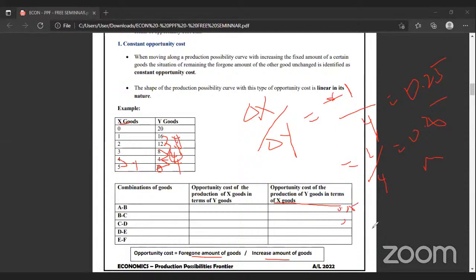That means to produce 4 units of Y good, they sacrifice 1 X good. Then for the marginal opportunity cost, if they want to produce 1 Y good, how many X good should we sacrifice? 0.25 X good. Got it? I hope you understood the answers.